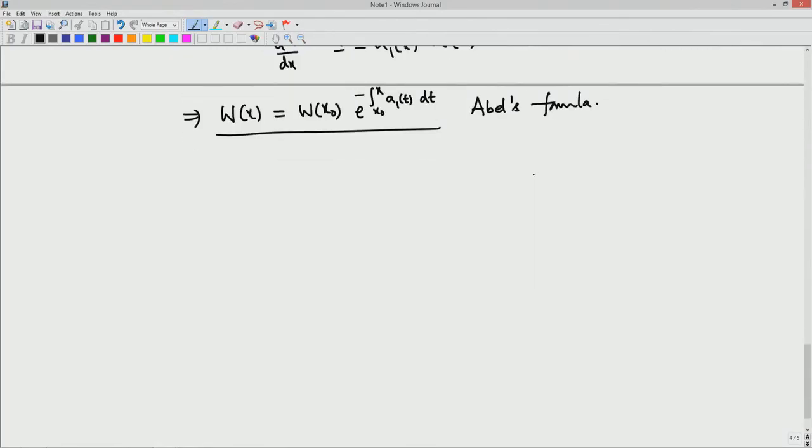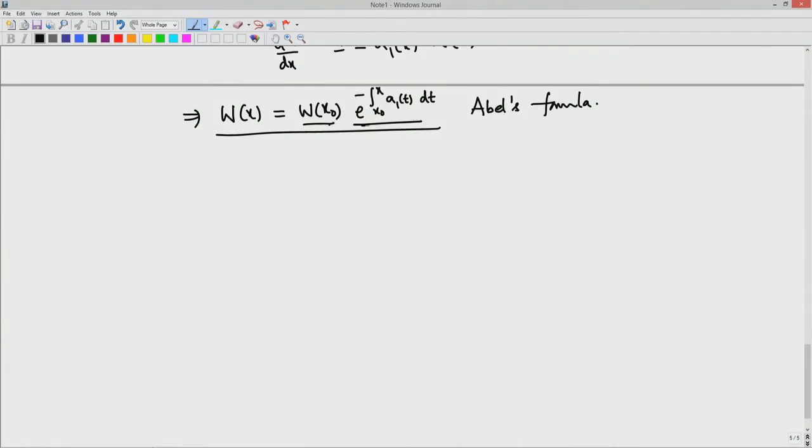Now, if these 3 solutions are linearly dependent, we have seen that the Wronskian at some point will be 0, then it is 0 everywhere, because W at x naught is 0. If they are dependent, W at x naught is 0 at some point. So x naught is arbitrary, I can pick this x naught as that point where the Wronskian is 0. If this is 0, then the Wronskian is 0 because the exponential function is non-zero everywhere for all x.